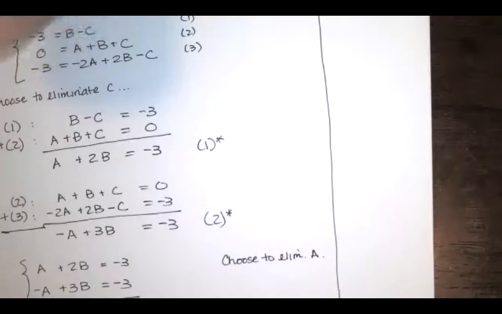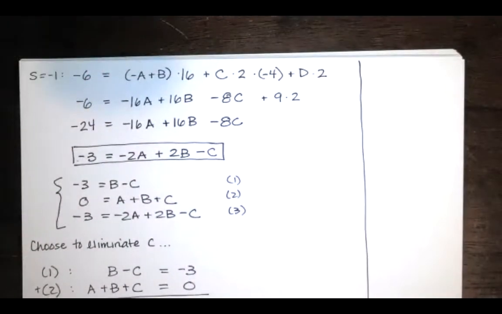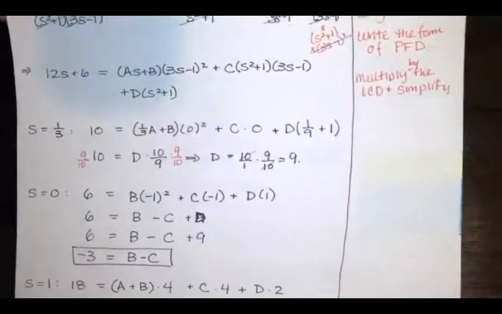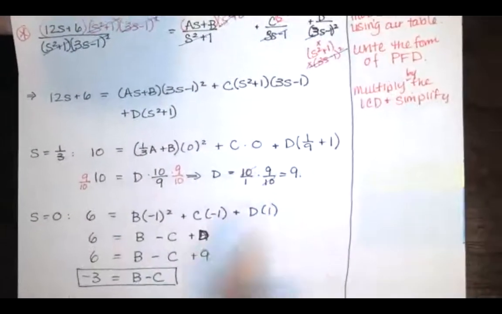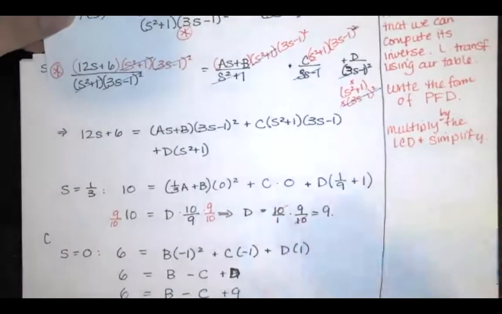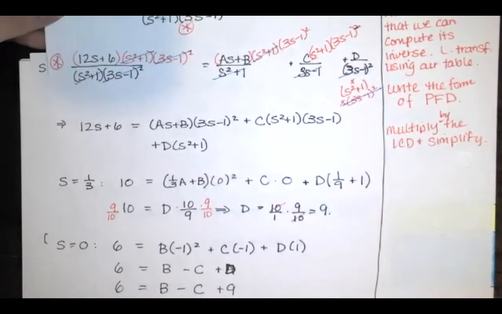Okay, so now you've got your A, your B, your C, and your D from substituting 4 values of S. The first value of S gave us D, and then we were able to come up with 3 equations and 3 unknowns and solve for A, B, and C by systematically eliminating variables.